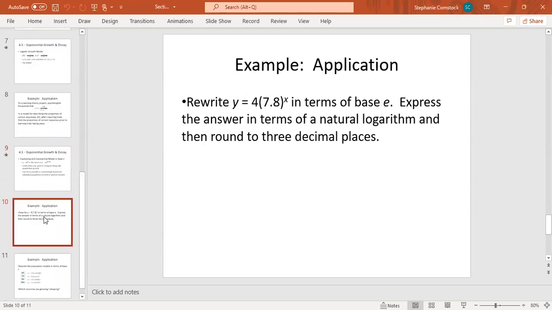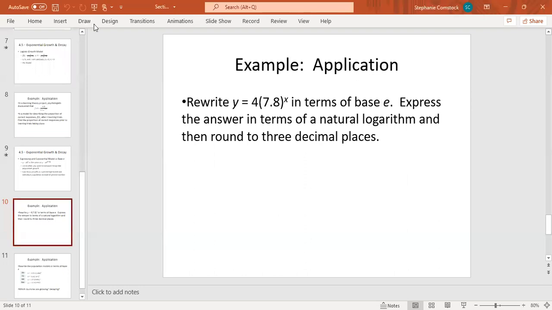They ask us to rewrite this in terms of base e, express it with the natural log, and then actually process it out. So we have 4 times 7.8 to the x.